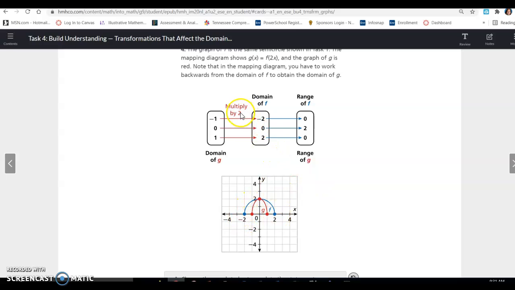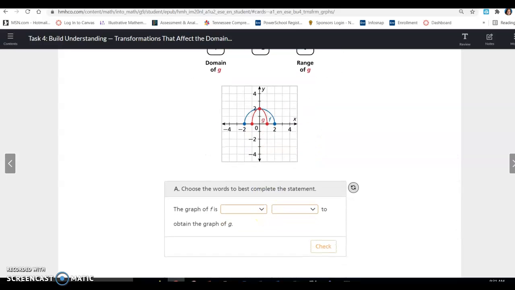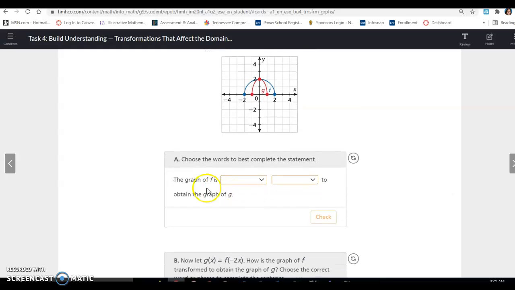Now we're going to multiply the domain by 2. So these numbers here are multiplied by 2, and that gives us our new domain for g. So g is negative 1, 0, 0, 2, and 1, 0. Let's look at what that does to the graph. It says the graph of f is compressed.